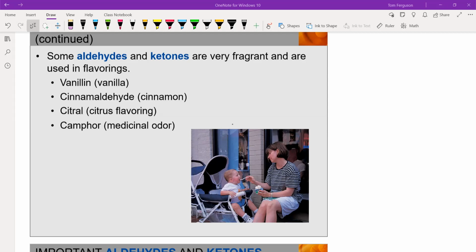Aldehydes have one carbon attached to it. And then, well, I guess formaldehyde has two, but most of the time it's got another carbon there. Oh, no, that was when you were explaining to someone the difference between an aldehyde and a ketone.